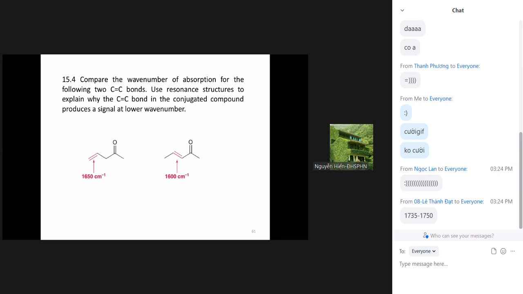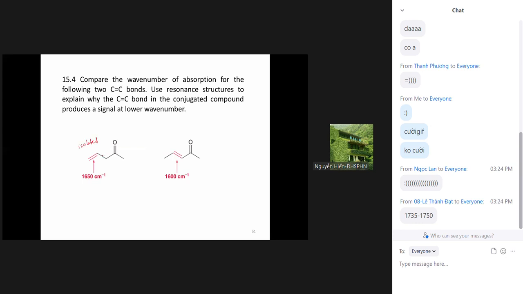Okay. Compare the wave number of absorption for the following CC double bonds. In our previous section, we compared saturated ketone with unsaturated conjugated ketones. Now you compare the CC double bond in the isolated case.